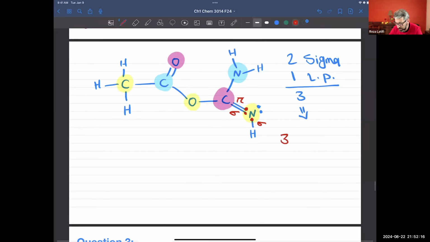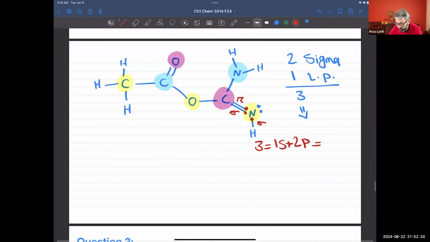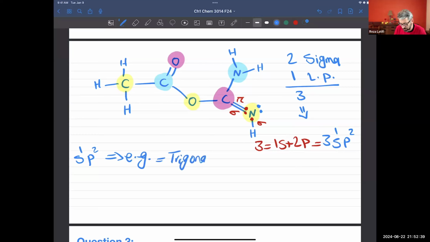It will be 1 from S, 2 from P. So that's going to give you sp2. S1 and P2. sp2 hybridization will give you an electron geometry equal to trigonal planar.